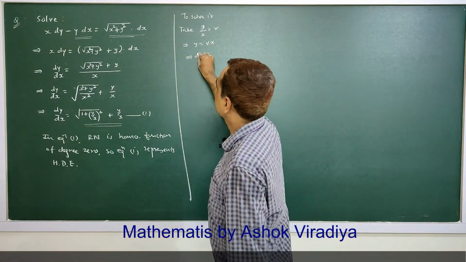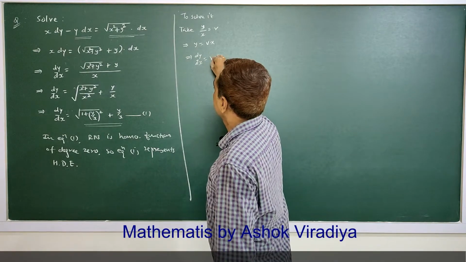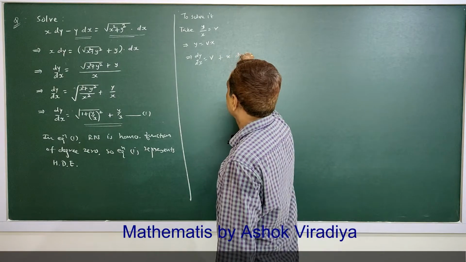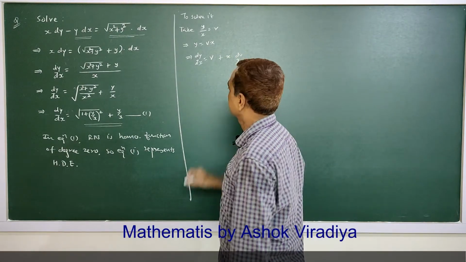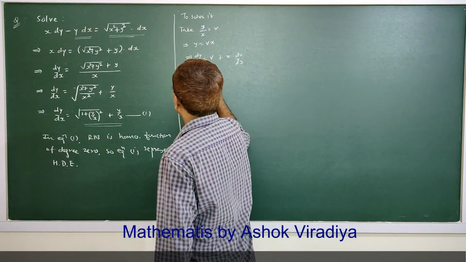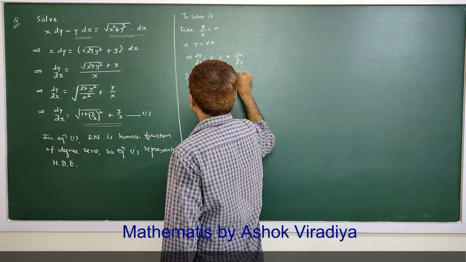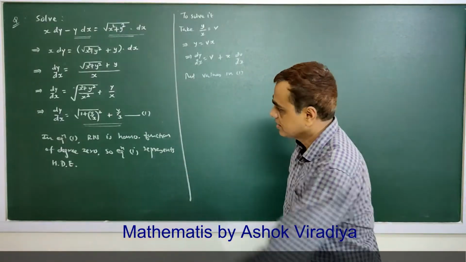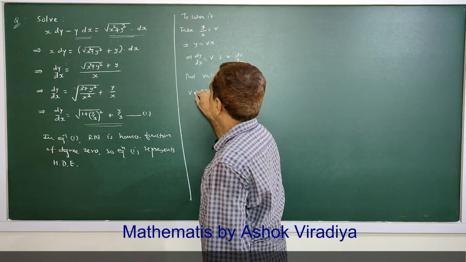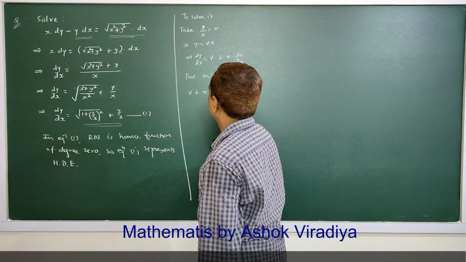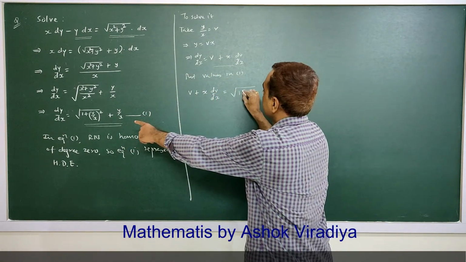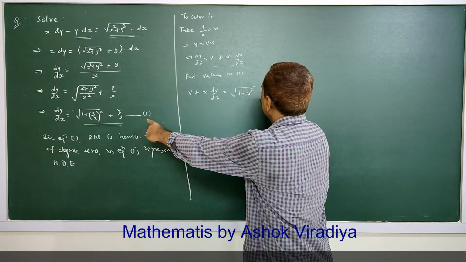So dy by dx is v as it is, derivative of x is 1, plus x as it is, dv by dx. So putting values in equation 1, dy by dx: v plus x into dv by dx equal to, on RHS, y by x is v, so it is v square plus v.